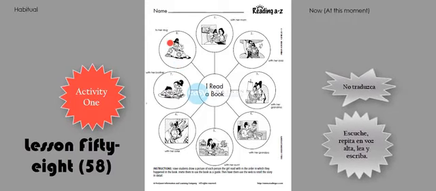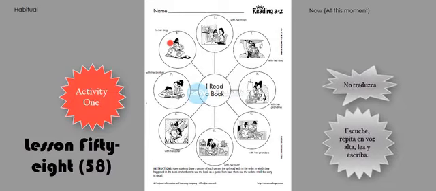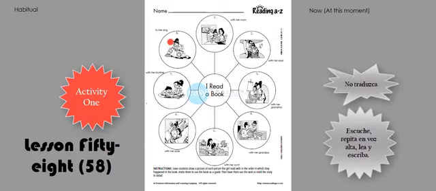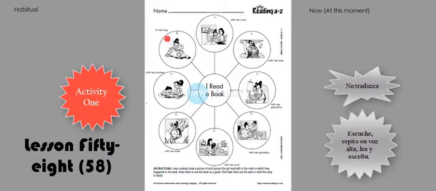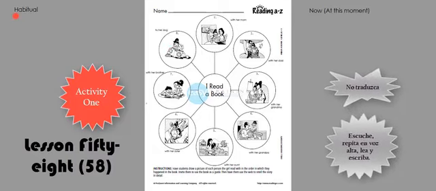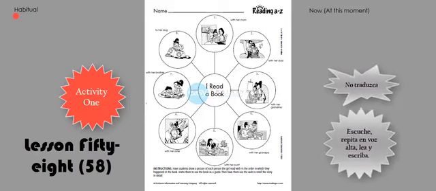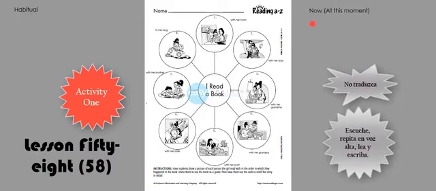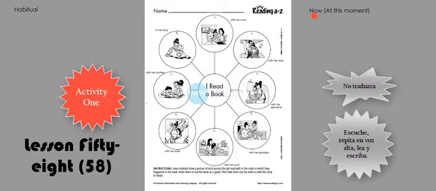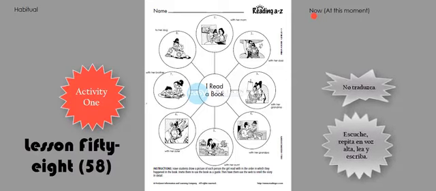Bueno, he rotulado las imágenes y ahora voy a proceder a escribir los enunciados. Here on the right, I'm going to write the habitual connotation sentences. And on the left, I'm going to write the present progressive connotation sentences.